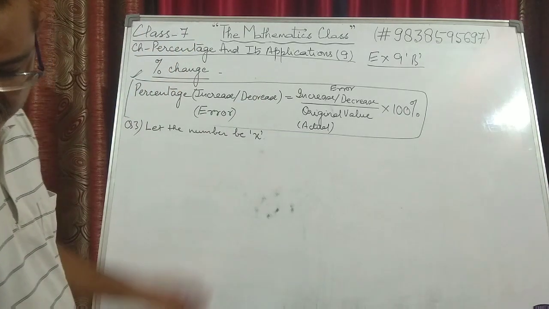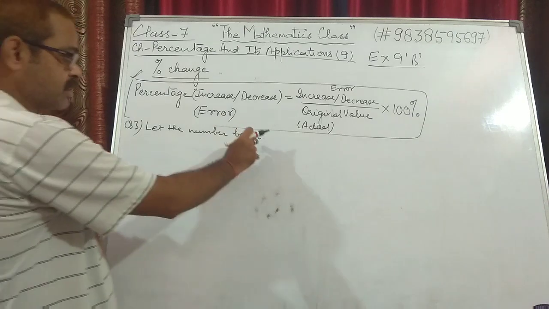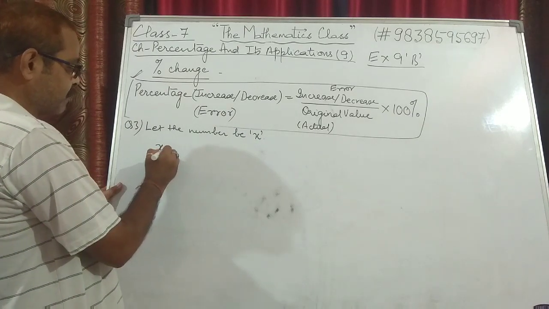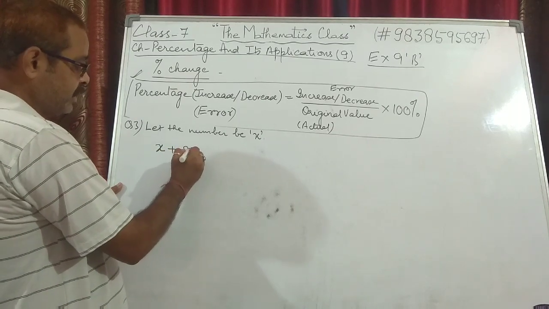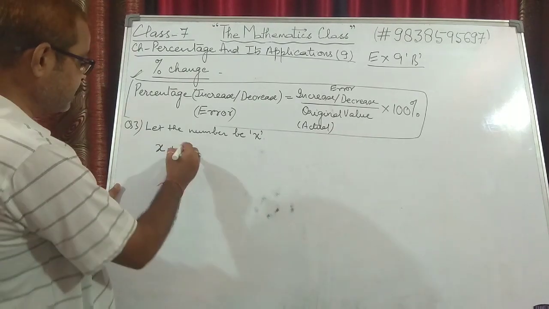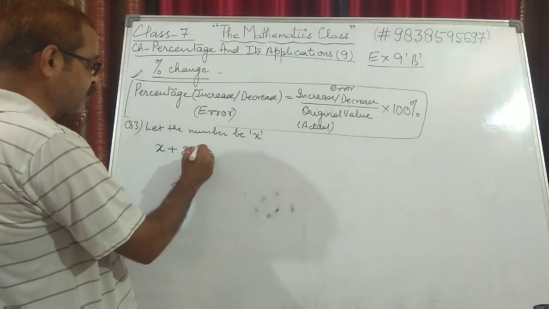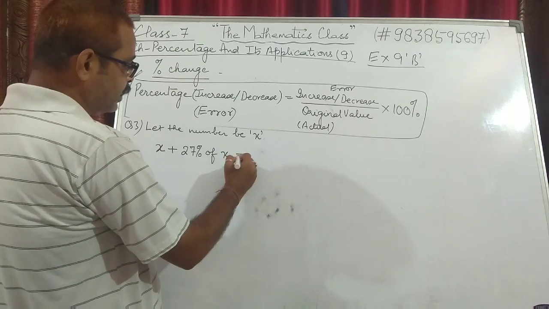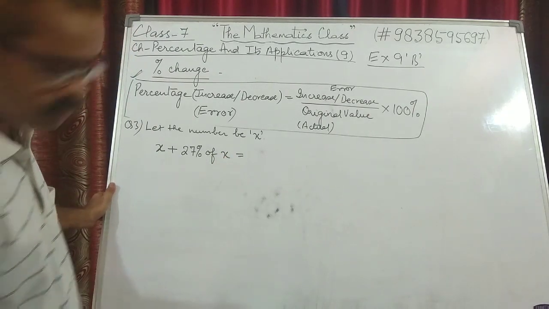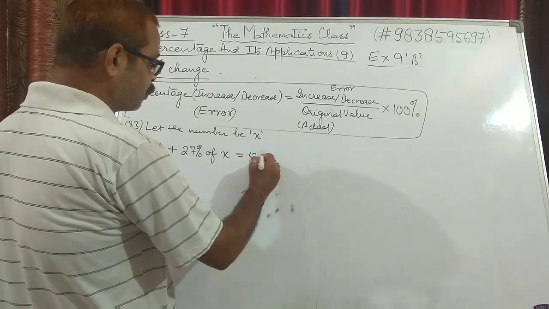They say when the number x is increased, meaning added, by 27%. 27% of what? Of itself, of x. It should become equal to 508.